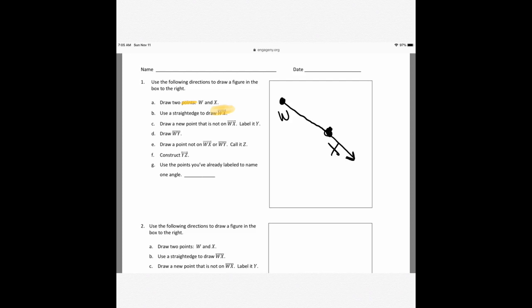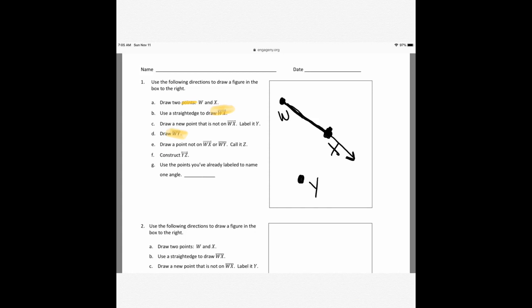Okay, and then on part C it says draw a new point that is not on ray WX and label it Y. So I'm just going to pick another spot and I'm going to put it there. Okay, and the next part says draw line segment WY.